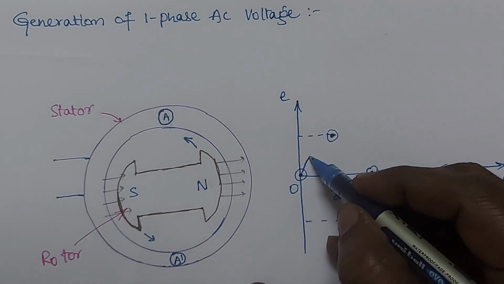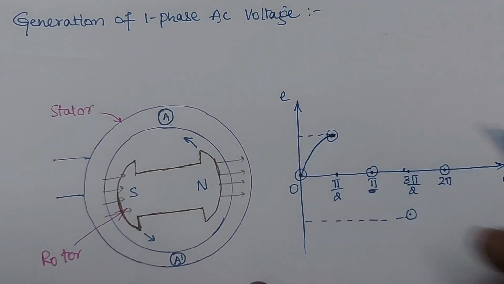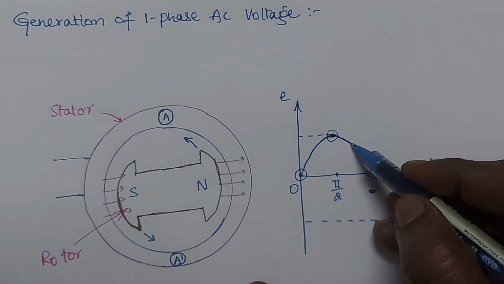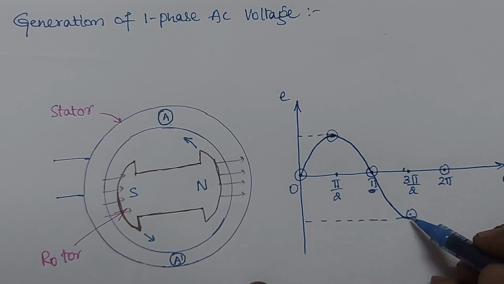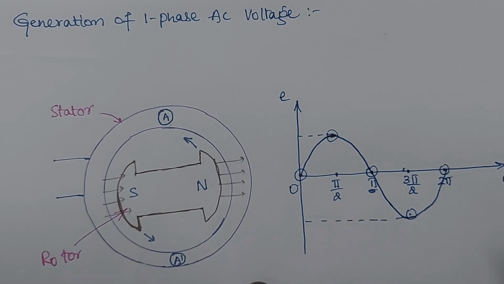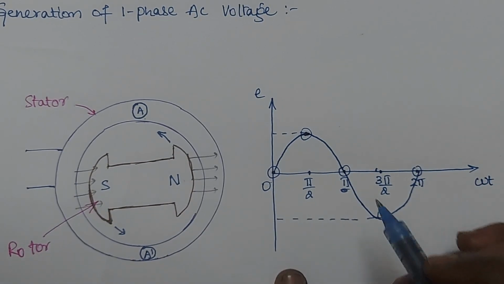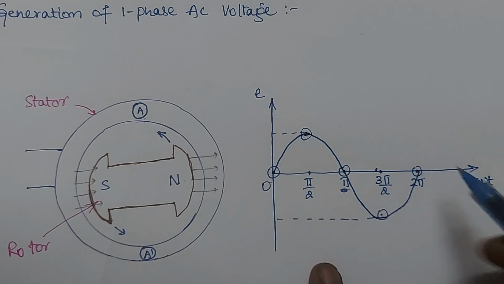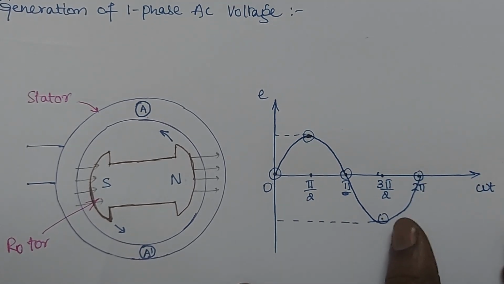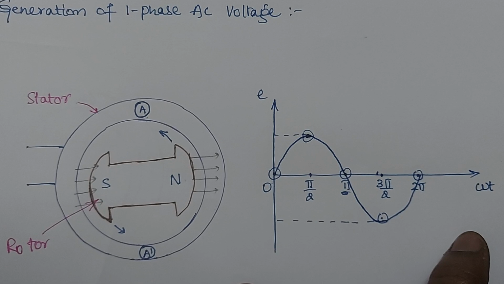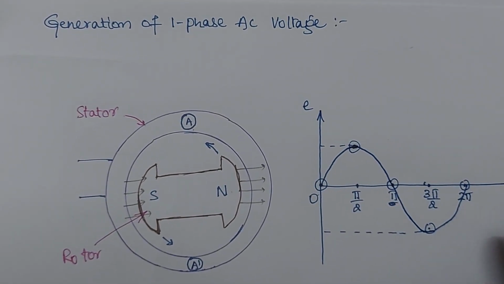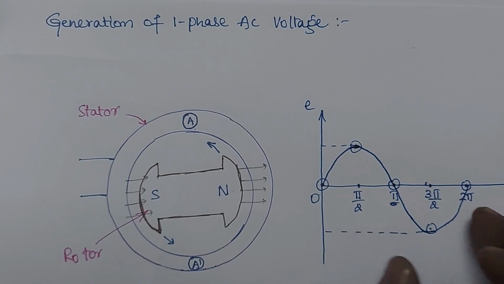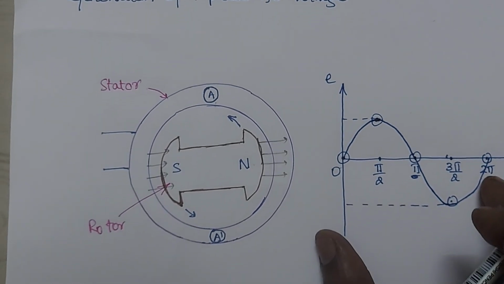if I draw a graph, it will look like a sinusoidal waveform like this. If I still continue, the same type of waveform will come here also. So this is a single phase EMF, a single sinusoidal waveform will come.